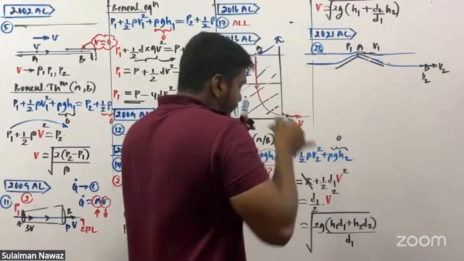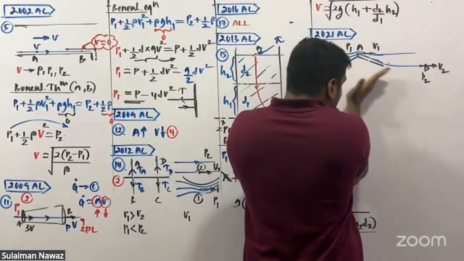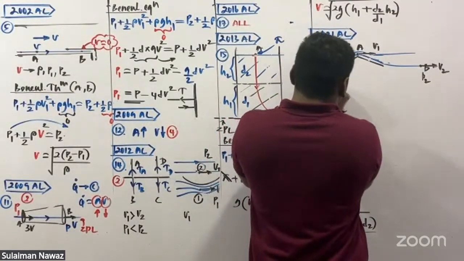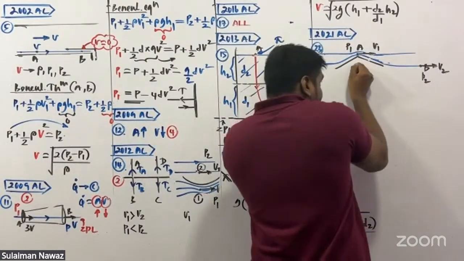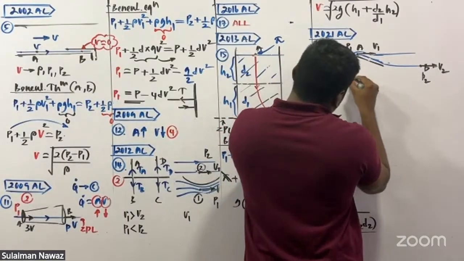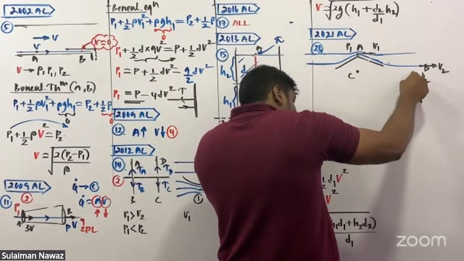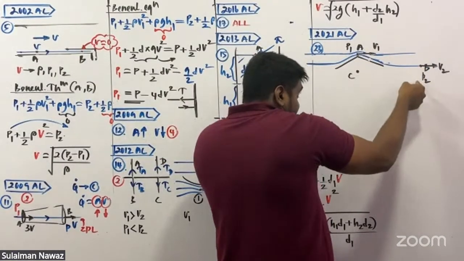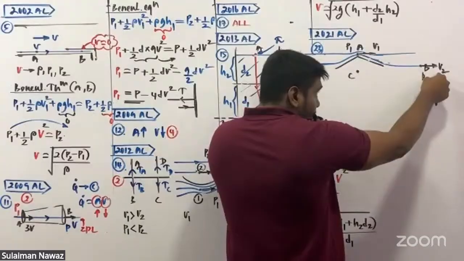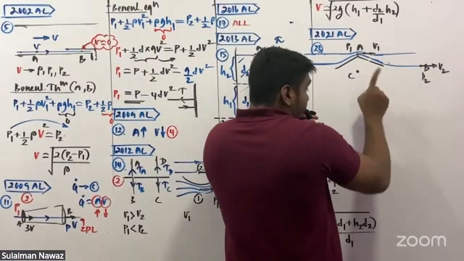And if I draw a streamline just below the roof, and take a point just below the roof, that is point C. Whatever the properties of the particles at point B, the same properties apply at point C. So the velocity and pressure at point C are also V2 and P2.